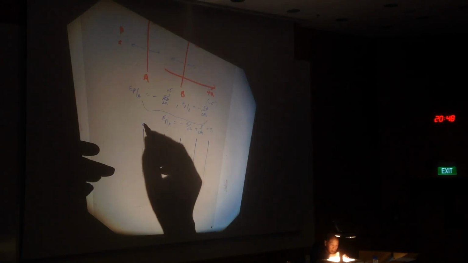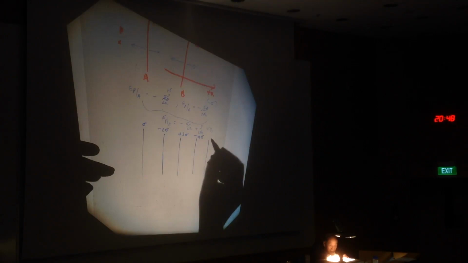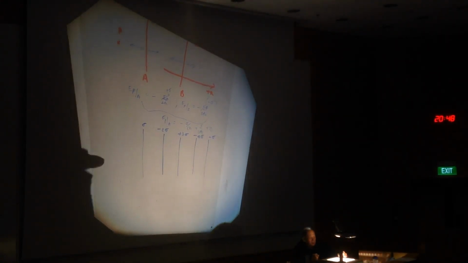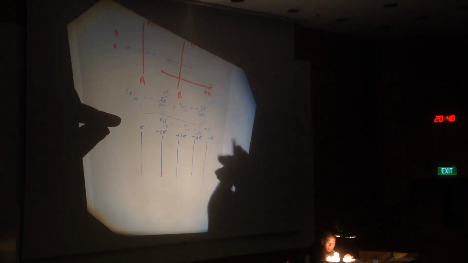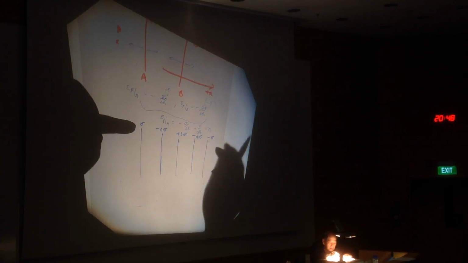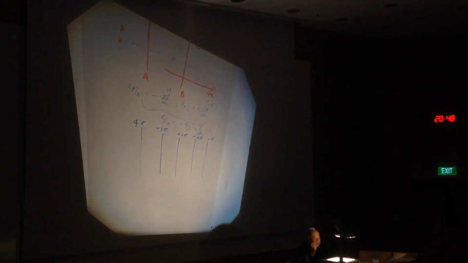So, sigma, minus 2 sigma, plus 3 sigma, minus 4 sigma, sigma, minus sigma. I just want to make the charges balance out, just for the sake of recursion.